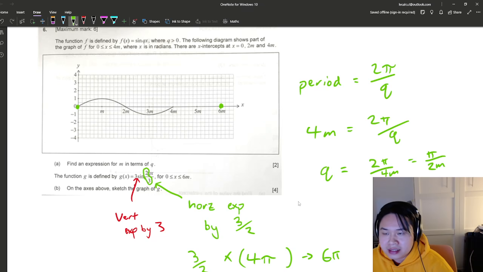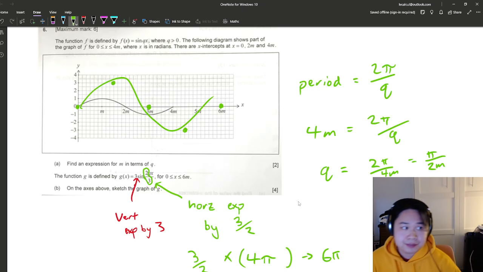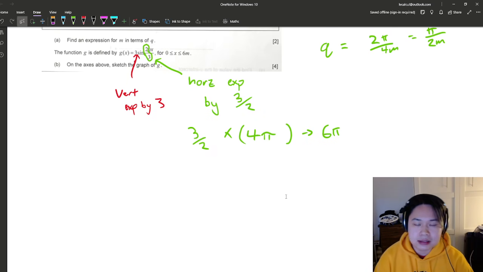And now our period is 6 pi, and that means that the middle of my wave is 3 pi, and then that means that 1.5 is the maximum, and 4.5 is the minimum. And then those are at 3 and -3. And then you can just sketch your graph. Easy peasy.